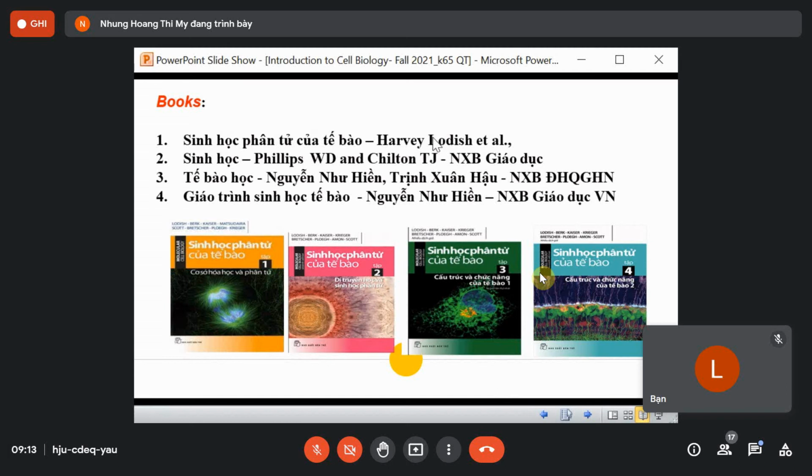You can buy it from many bookstores around the university or anywhere in Hanoi. But the matter is that the price of this book is not cheap, about 300,000 Vietnamese đồng for one, because this book contains five small books.